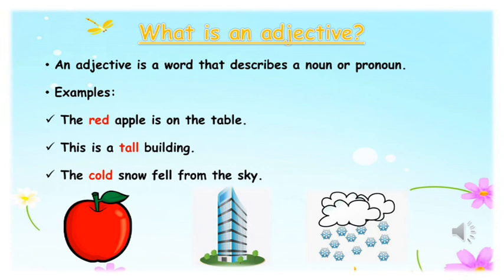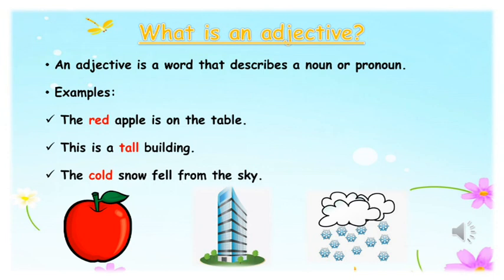Let's go back to the first sentence. The red apple is on the table. Do you see a word in this sentence that describes a noun or pronoun? Yes, red. Red is an adjective that describes the noun apple.